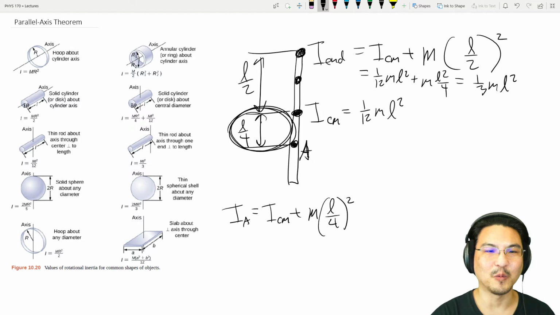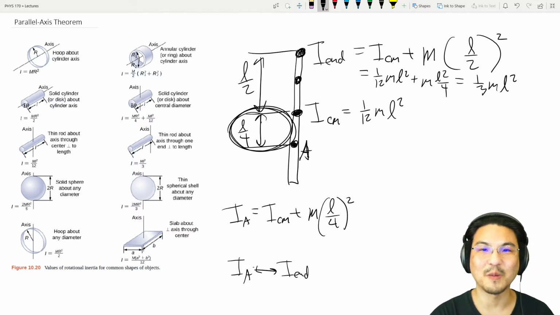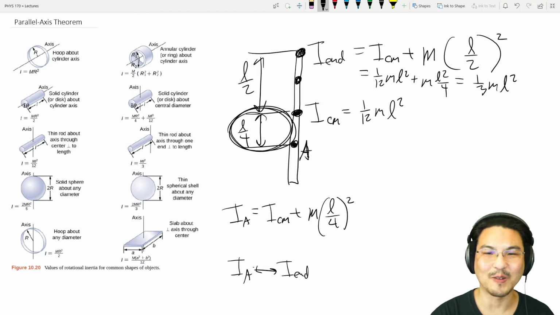And when you do the parallel axis theorem, it's always the center of mass and somewhere else. Not, for example, like going from A to the end. It's always from somewhere to the center of mass, or the center of mass to somewhere.